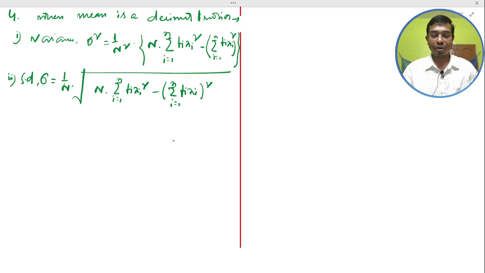Next, number 5, the shorter method for the standard deviation of a continuous frequency distribution.